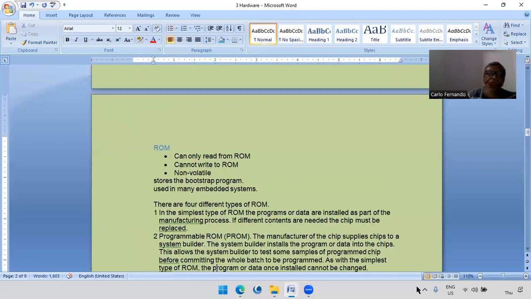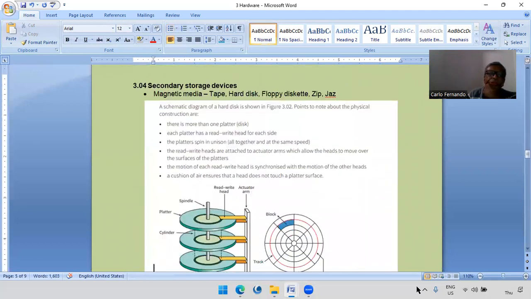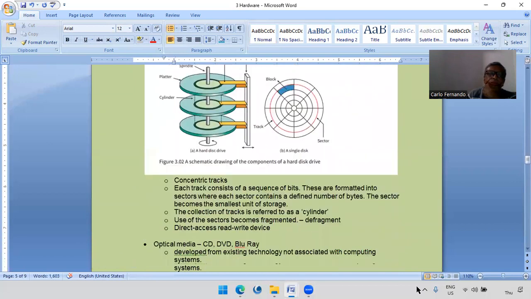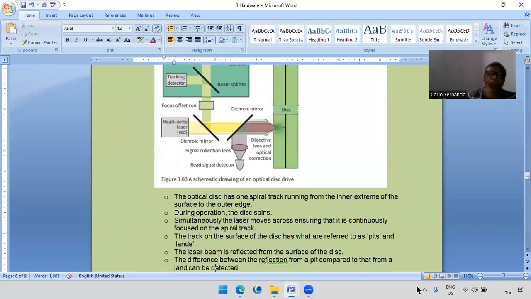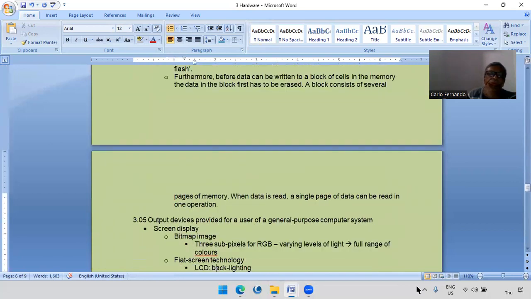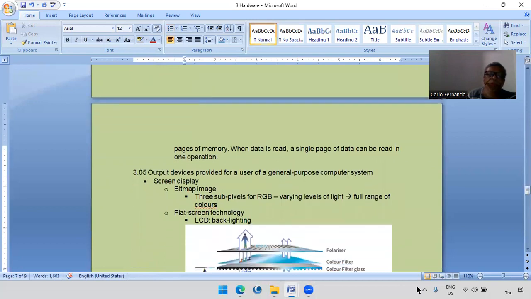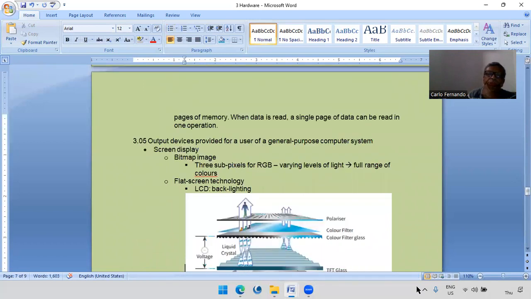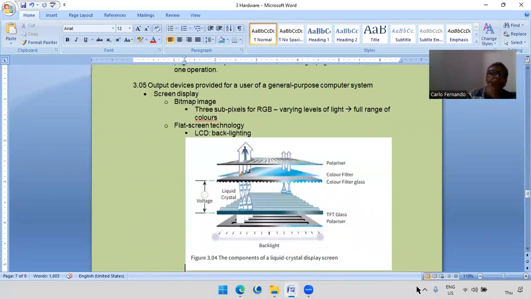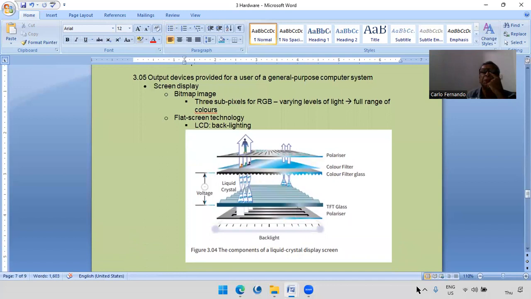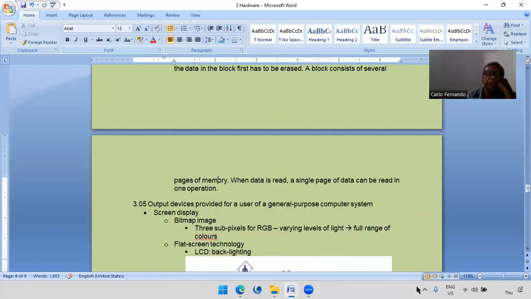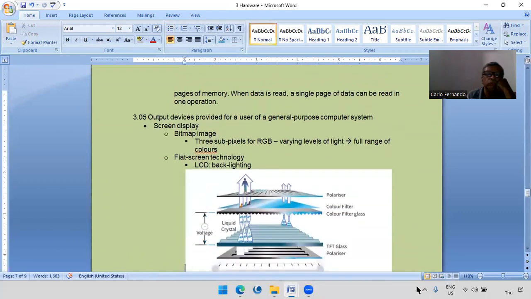We have done the storage, and now we are coming into the output devices, another section, which we will see in the next video.